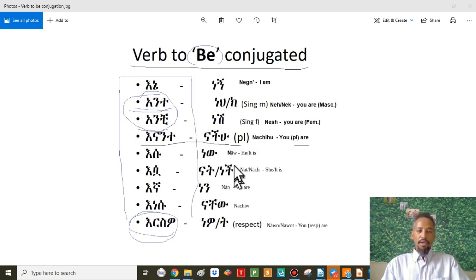So it's basic and very important to study the verb to be, taking time. And that's why I'm taking longer time on this lesson. እነሱ ናቸው, እነሱ, they are, ናቸው.